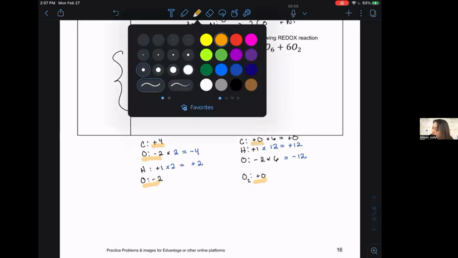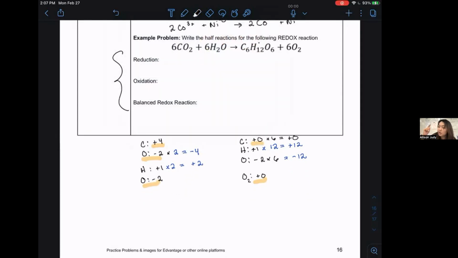So we would say that our reduction, gain of electrons, is carbon: carbon +4 gains 4 electrons to become carbon 0. I realize it's crazy. Oxidation-wise, lose electrons, become more positive in the oxidation state number, is oxygen: it goes from -2 and becomes oxygen 0 and 2 electrons.